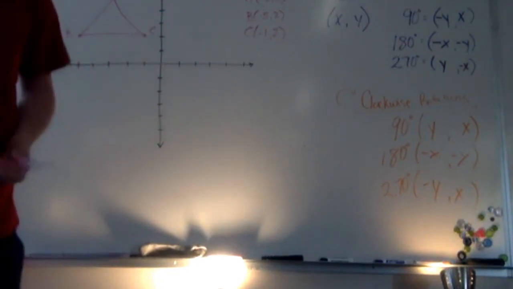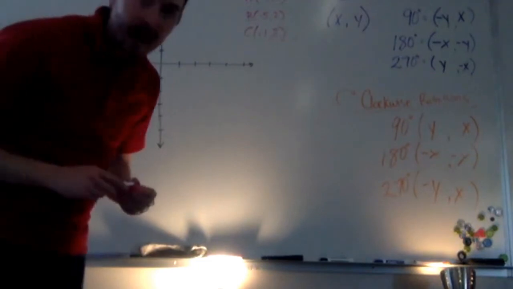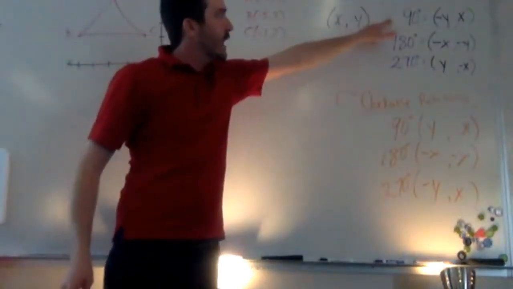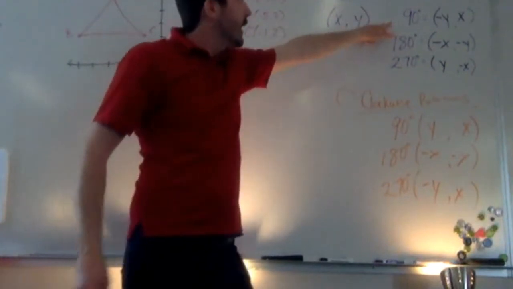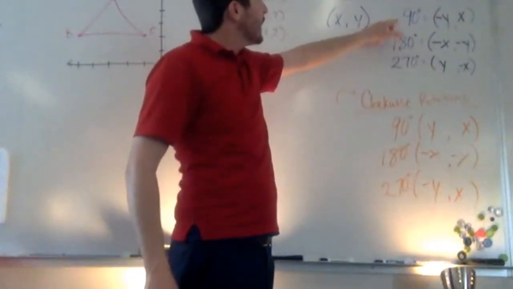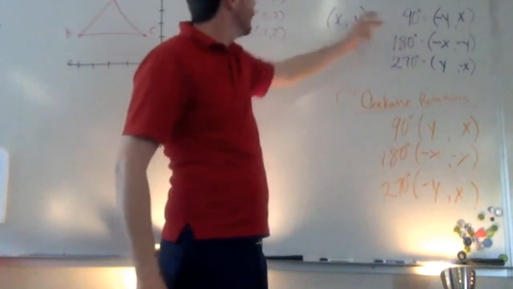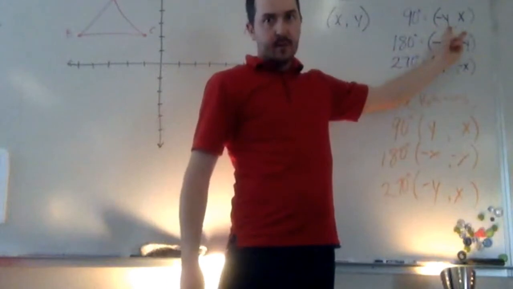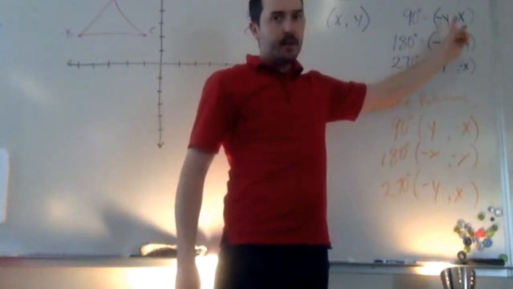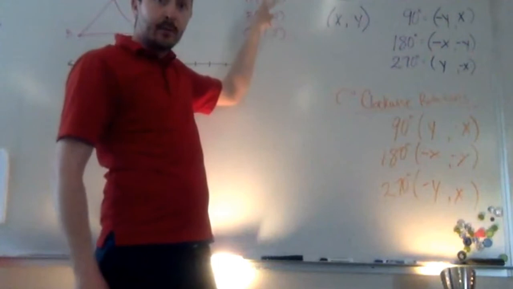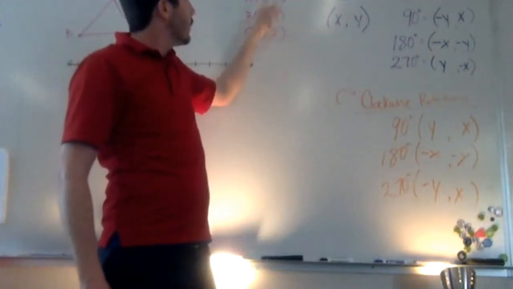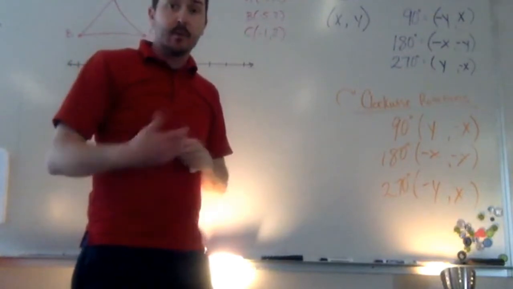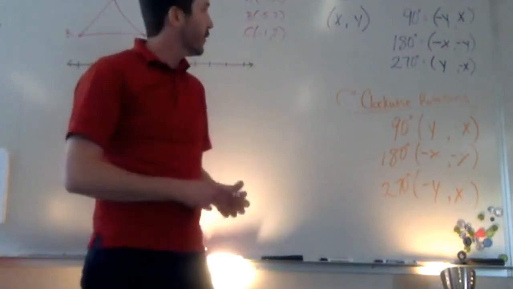Now, since we have to rotate this 90 degrees counterclockwise, we don't care about anything here other than 90 degrees counterclockwise. And what that's saying is that for each of these three coordinates, two things are going to happen. The x and the y from our coordinate are going to flip, and then the y is going to change from either a positive to a negative or a negative to a positive.